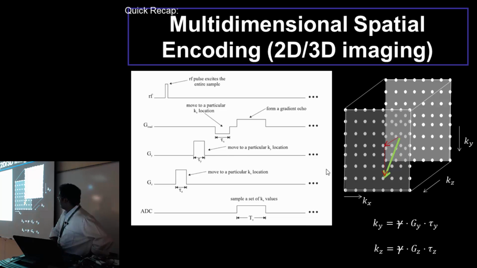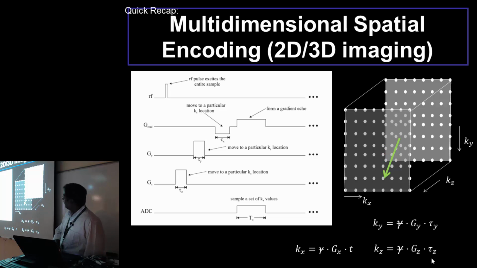In fact, you can also think of the trajectory of simultaneously applying those two gradients to traverse this path instead of going this way and then this way, so taking the diagonal. You do that through application of the gradients gy for a duration of tau y, and then gz for a duration of tau z, and you can vary your position in k-space by varying either tau or the amplitude g.